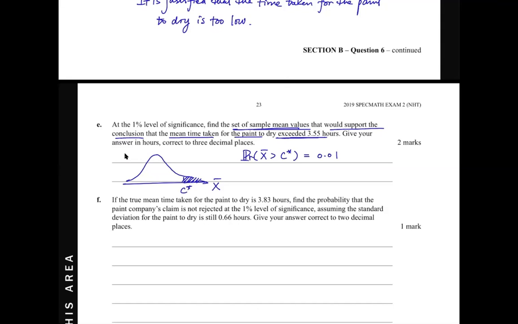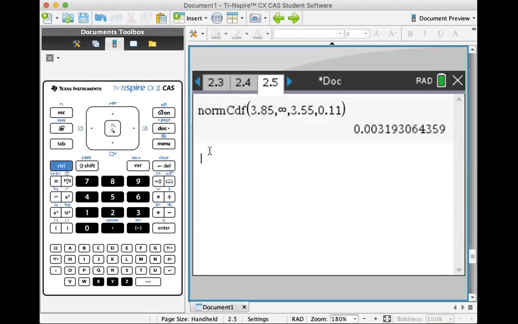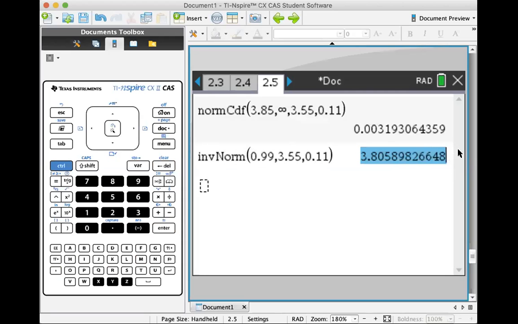Go back to our CAS calculator and use inverse norm. I know my probability is 0.99 because it's the left tail probability. The mean value is 3.55, 0.11. Here comes our critical value, C star.